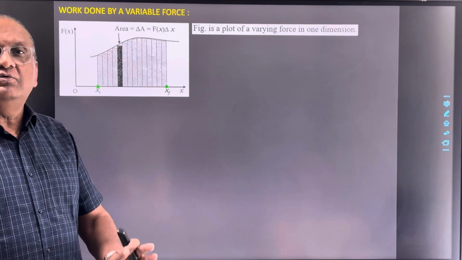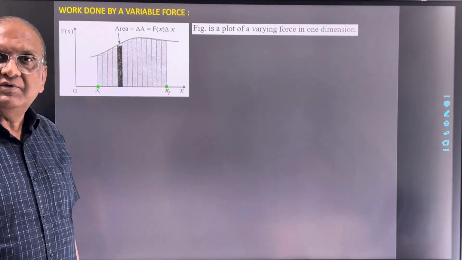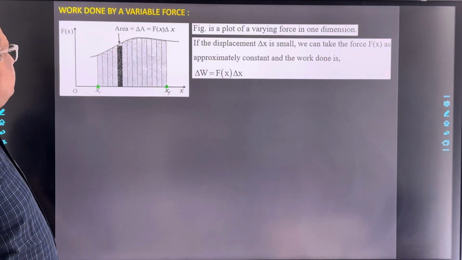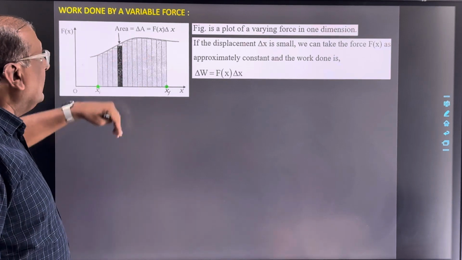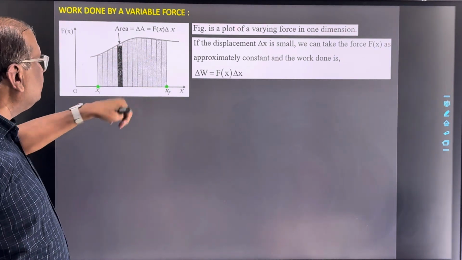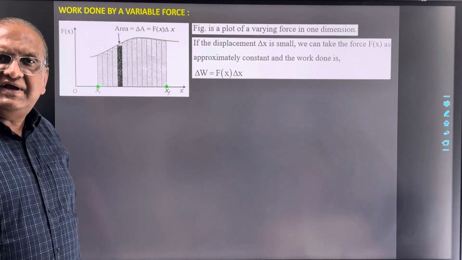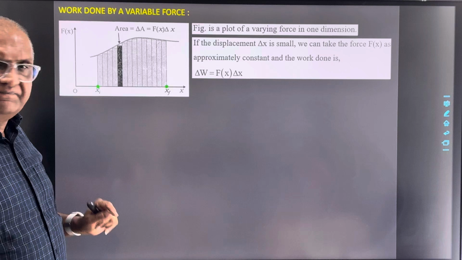Now we want to calculate the work done during this displacement. Okay. So here what we have to do, we have to divide this area under the graph with respect to the displacement axis into so many infinitesimal thin stripes as shown in the figure.